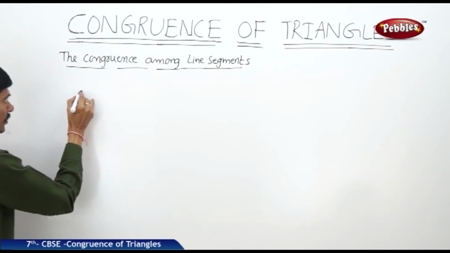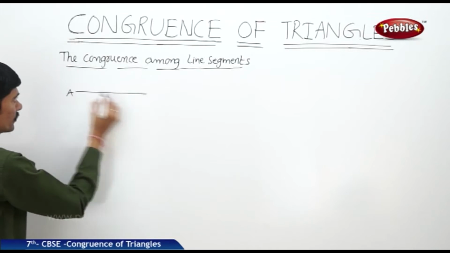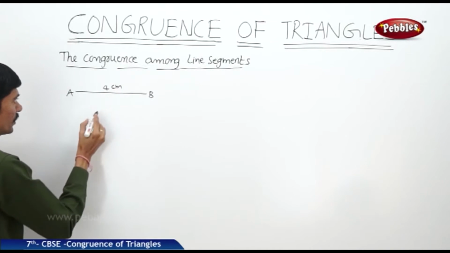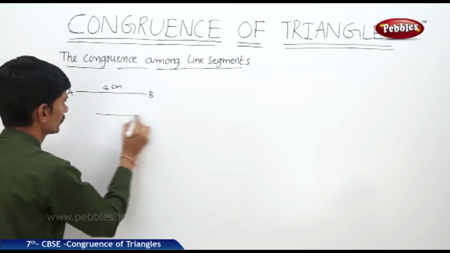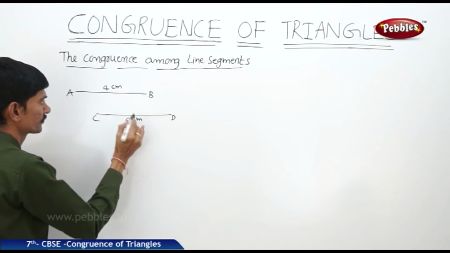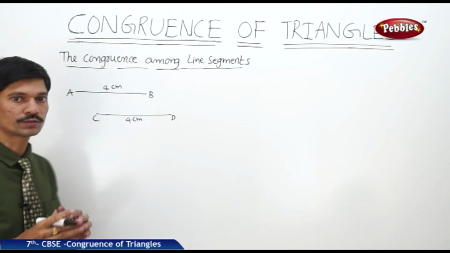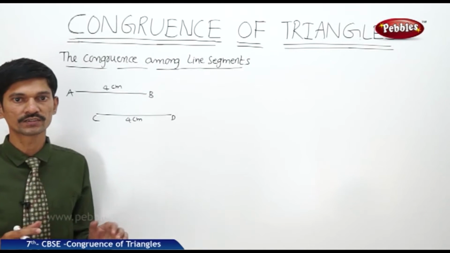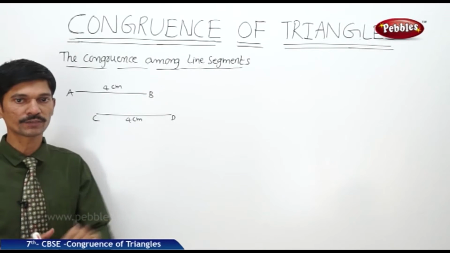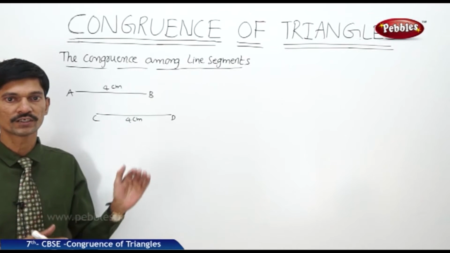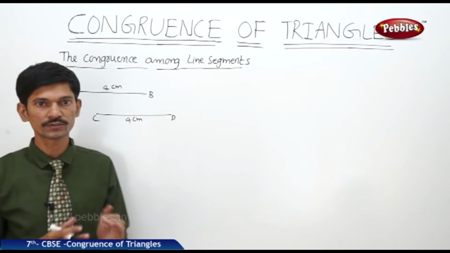Take a line segment AB of length 4 centimeters and take another line segment CD of length 4 centimeters. Any two line segments have the same shape, but when do they have the same size? The size of the line segment depends on the length. So if two line segments have the same length, then they are said to be congruent to each other.